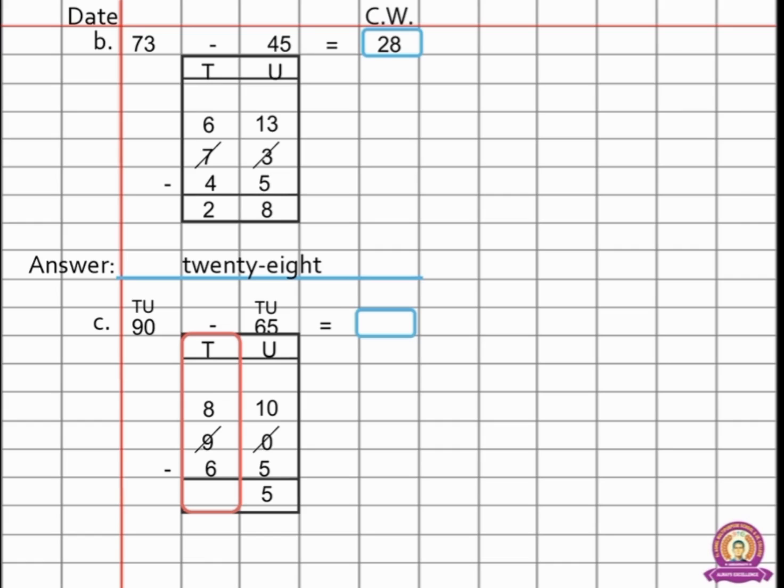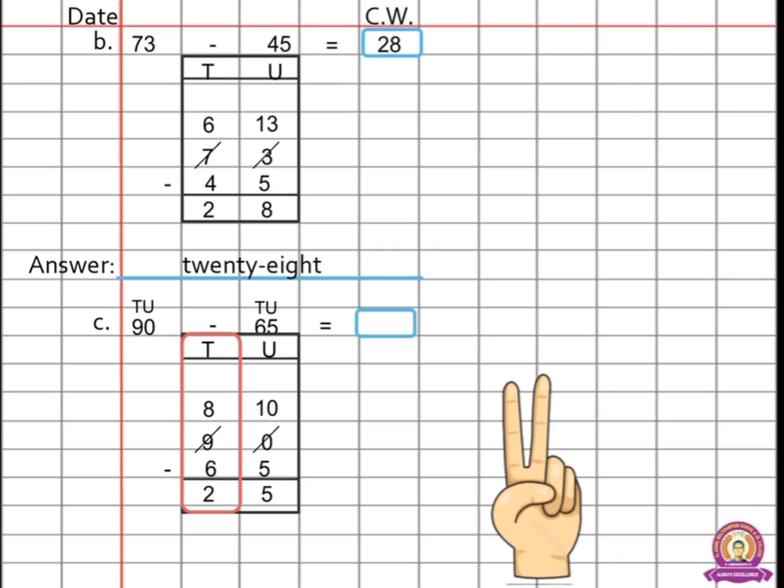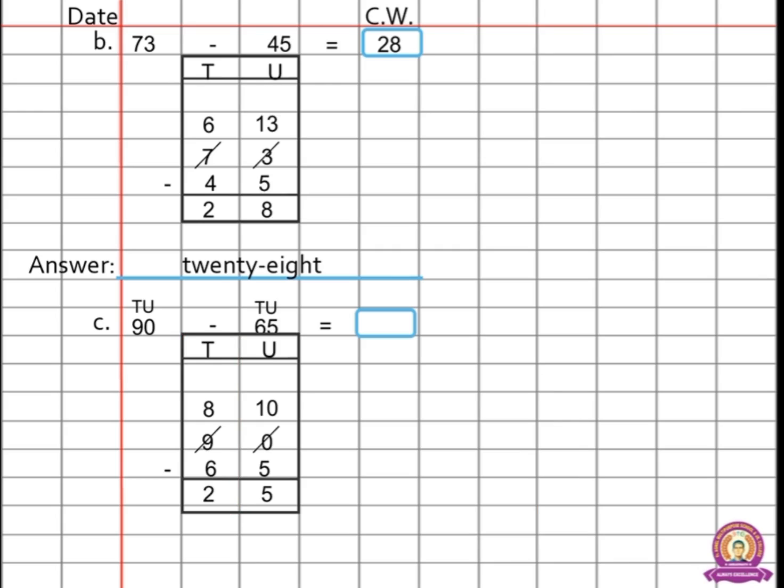Count after 6 till you call out the number 8. 7, 8. Therefore, 8 minus 6 is equal to 2. 90 minus 65 is equal to 25. Write the answer in figures and words.